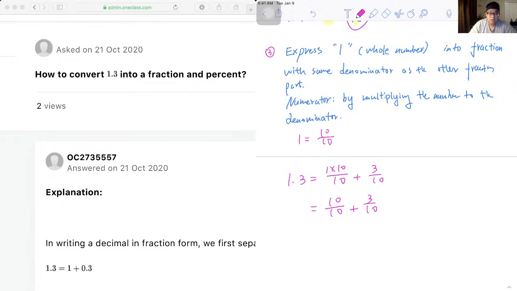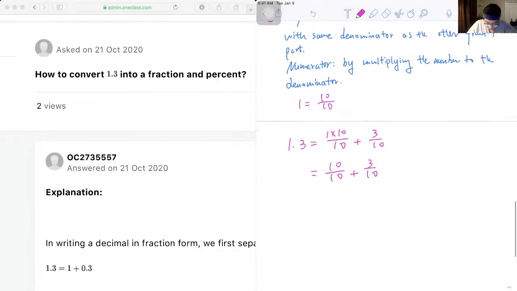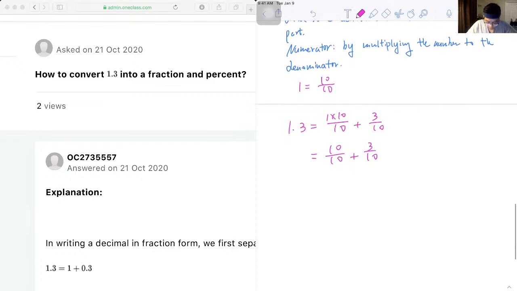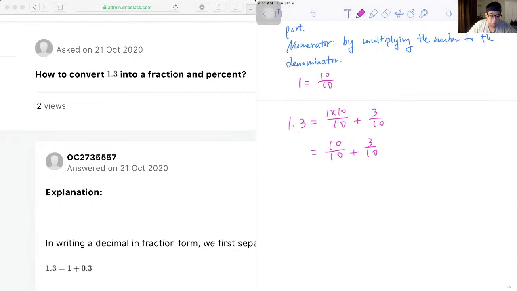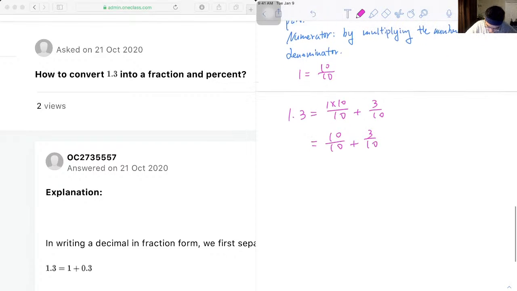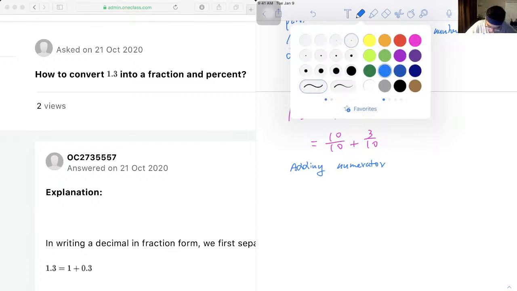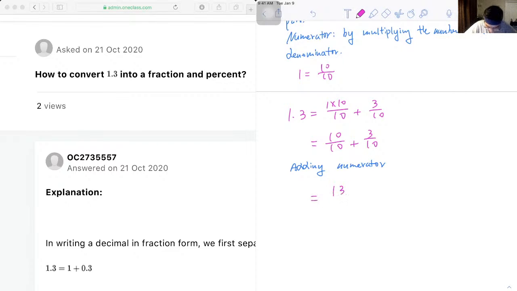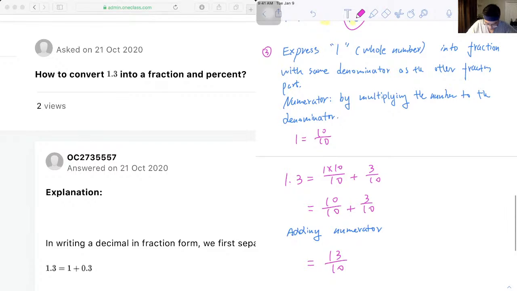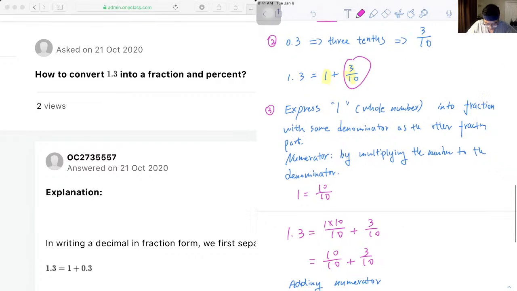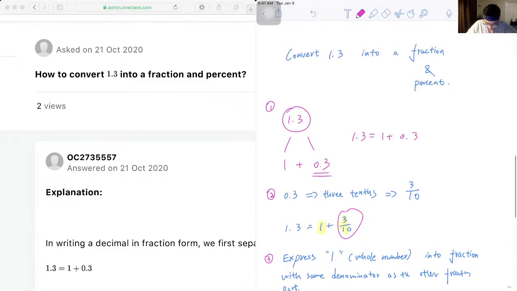And then since we have the same denominator, we can just add the numerators. Okay, so we will have 13/10. Yep, so that's how we convert this into a fraction. Okay.